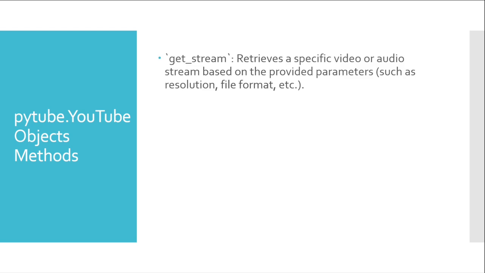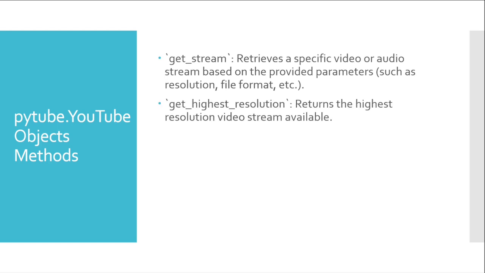There are several methods like get_stream, which retrieves a specific video or audio stream based on the provided parameter, such as resolution or file format. And there is another method, get_highest_resolution, that returns the highest resolution video stream in which the video is available.